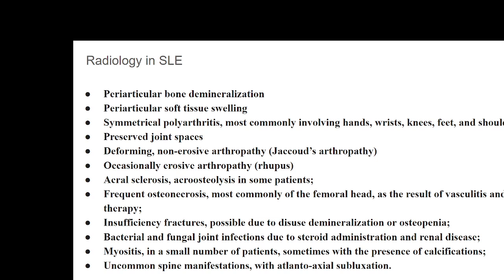Often these changes could occur as a result of steroid therapy, or there could be fractures produced due to osteoporosis, which is also called osteopenic fracture, or there could be infections of the joint due to steroid administration or renal pathology, or myositis where the muscles could become hardened and may even have calcification, or there could be spine manifestations like subluxation.